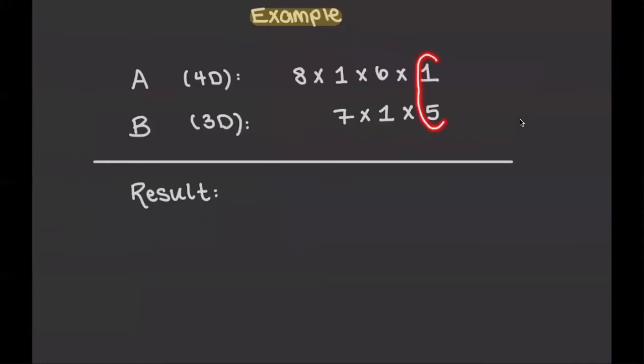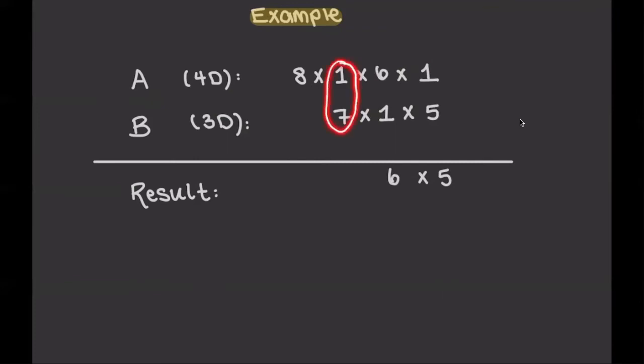Rightmost here, we have 1 and 5. They're not equal, but this is 1, so the 1 gets stretched to a 5. So 5 stays here. Now let's look at the next dimension. We have 6 and 1. The 1 is going to get stretched to a 6.